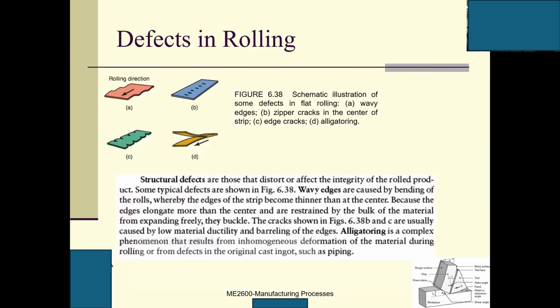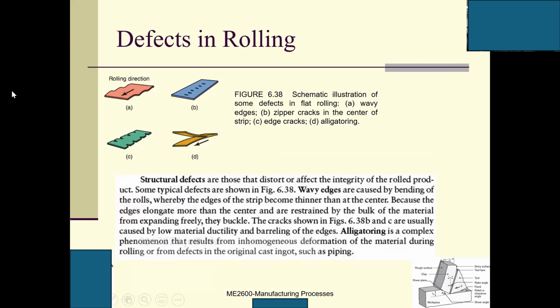The defects in rolling. There are some defects. The first one is, we have this rolling direction over here, wavy edges. Supposedly we want, if we draw this workpiece, both of these two edges to be very straight.